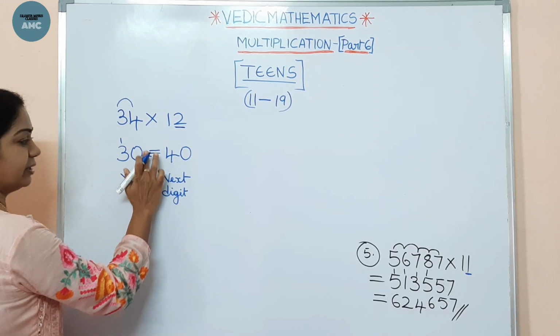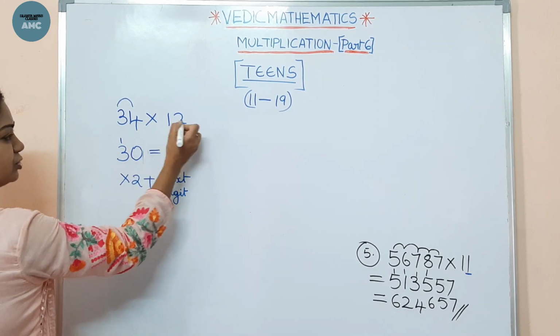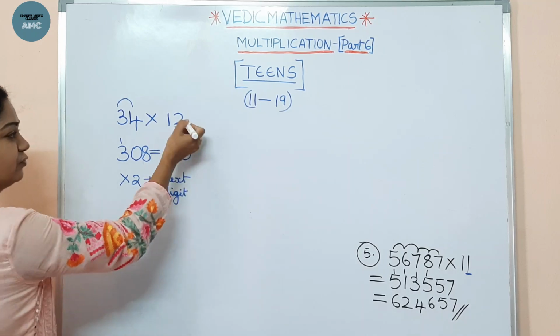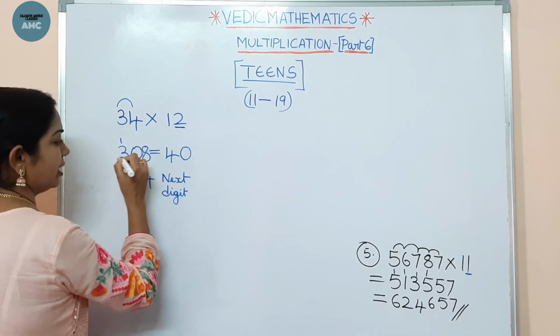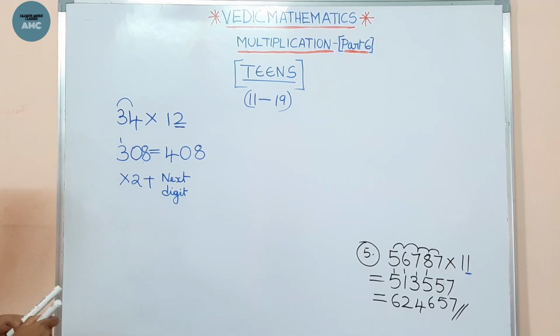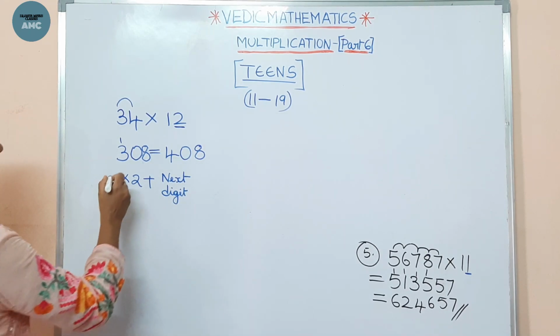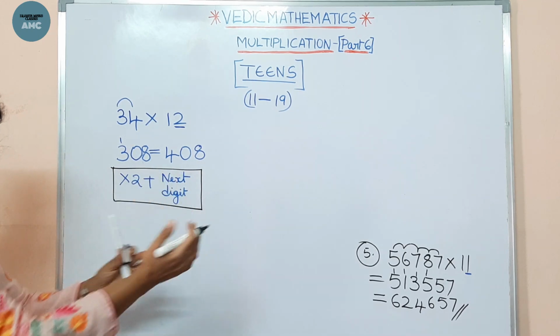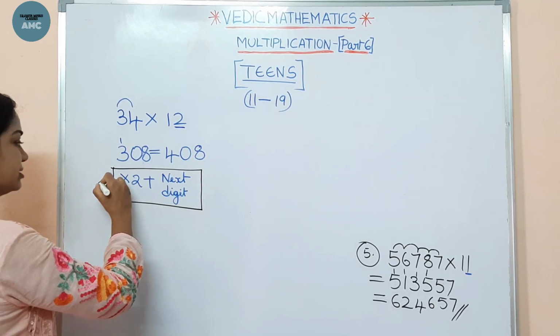That too we have to multiply with 2. 4 2s are 8, and there is no next digit, so we are not adding. So this comes to 408. Got it? So the procedure here is we are multiplying with 2 and adding the next digit. That's it. Only this is the procedure.